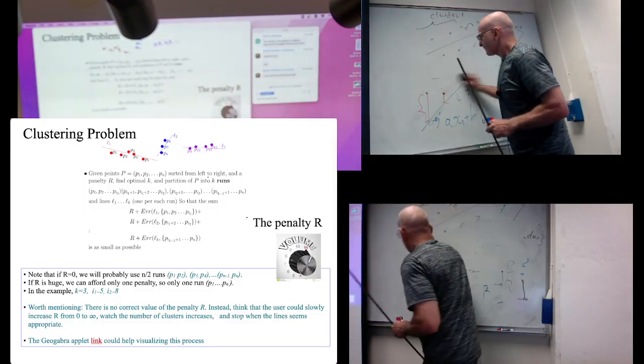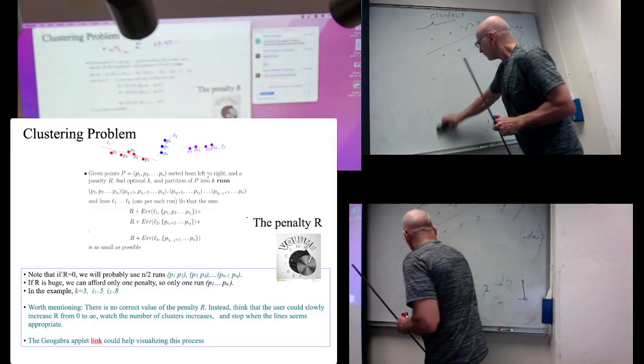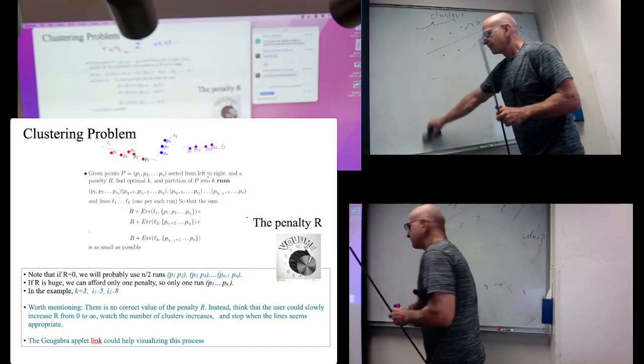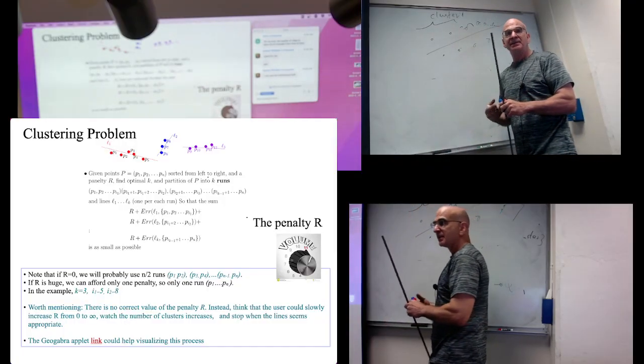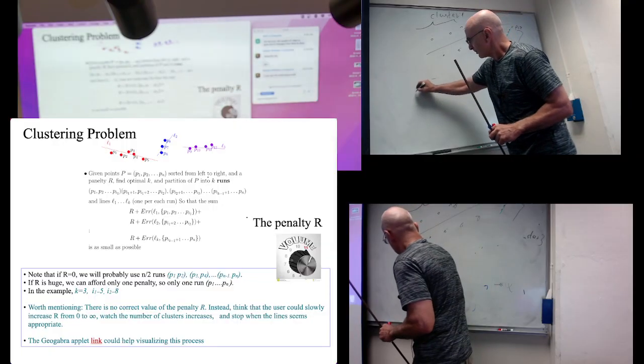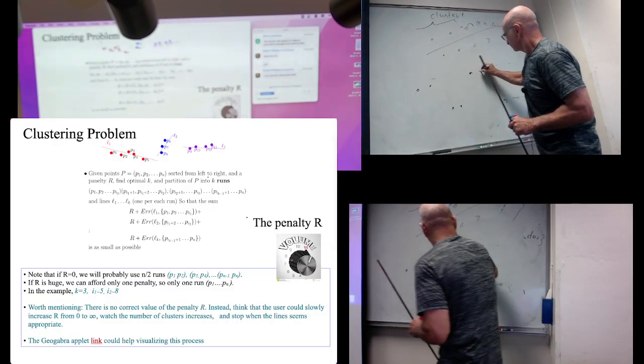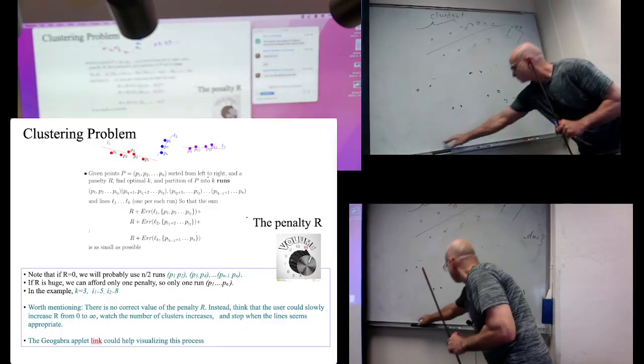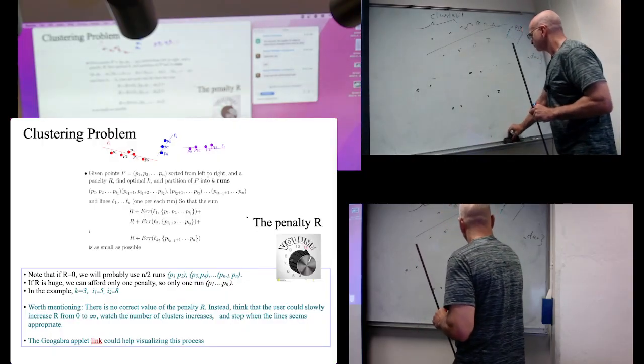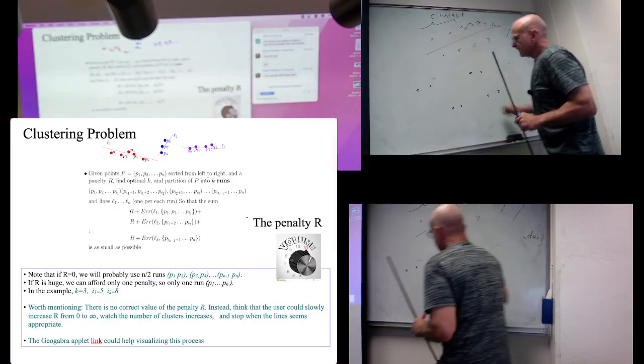You cannot ask me how to cluster my data without telling me how many clusters I want, because let's look at this data. Here are my points.